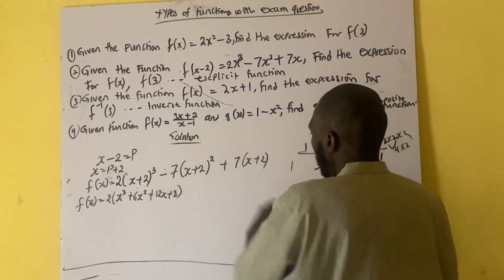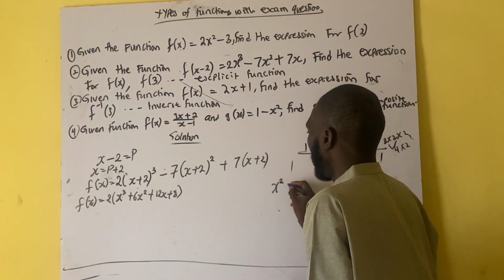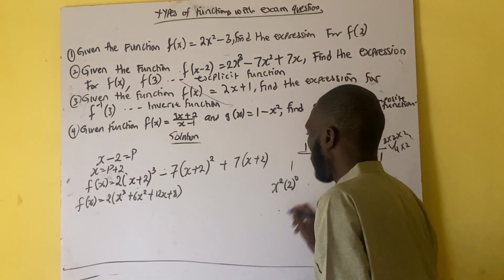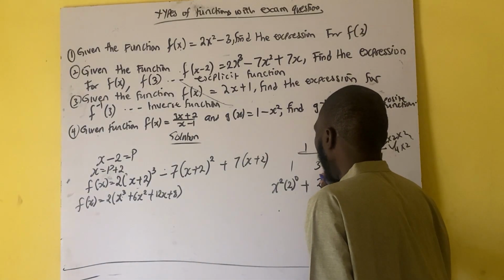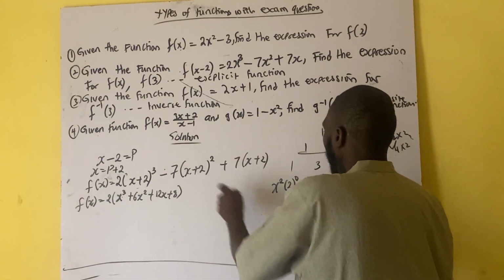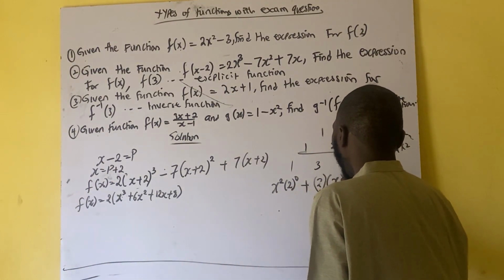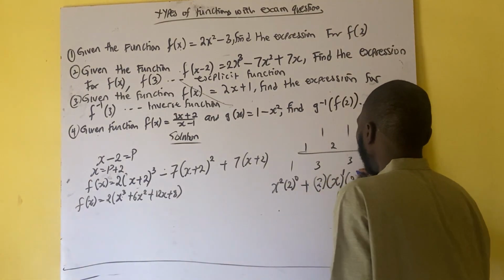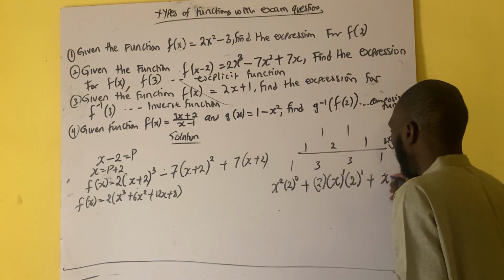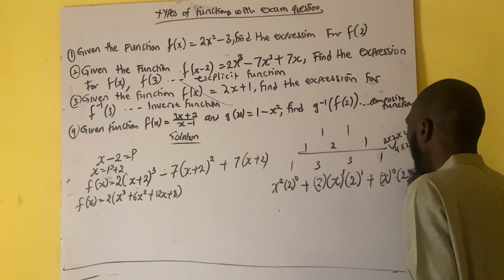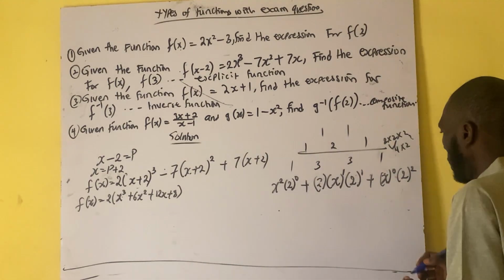This is the first one here. x is what? Square. 2 is what? 0. Plus, what I have here is 2. I have my 2 here. What I have here is to be reducing by 1, right? Here will be 1. 2 here will be what? Will be 1 here. Plus, here will be 0. Why 2 here will be what to power what? Power 2. Am I communicating?